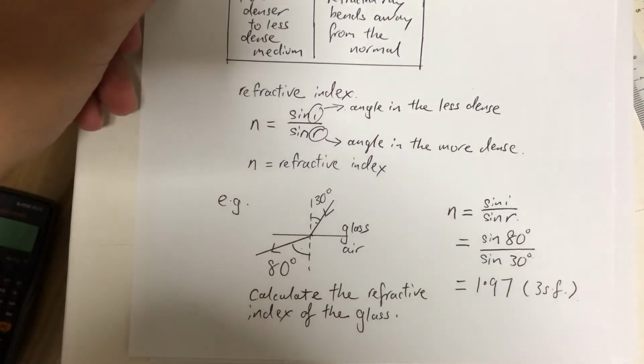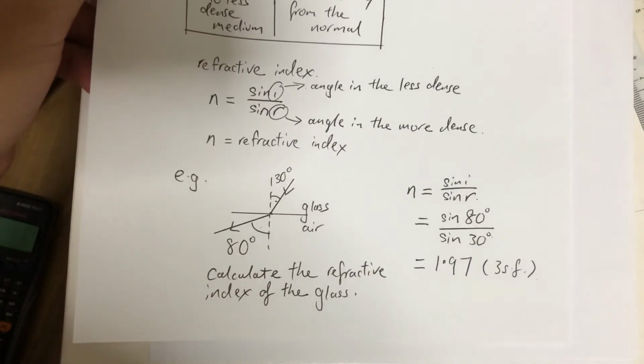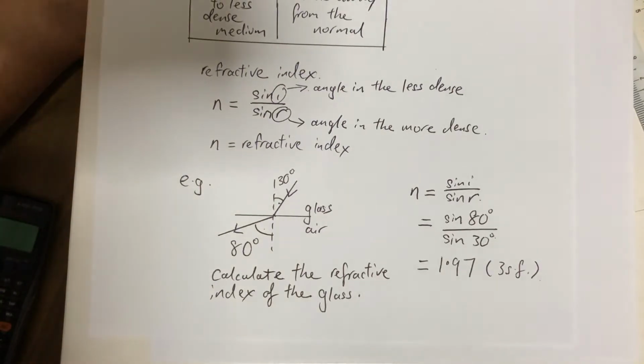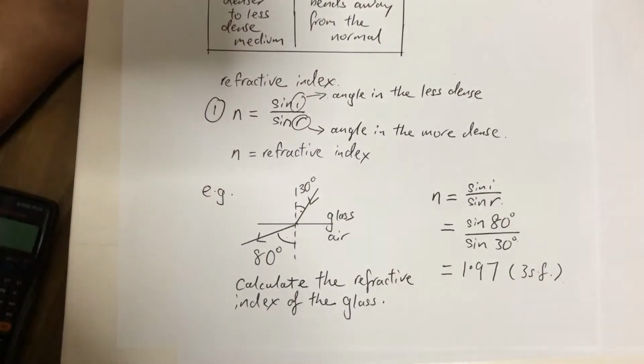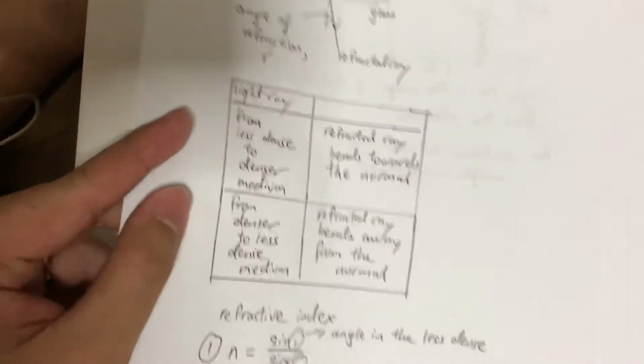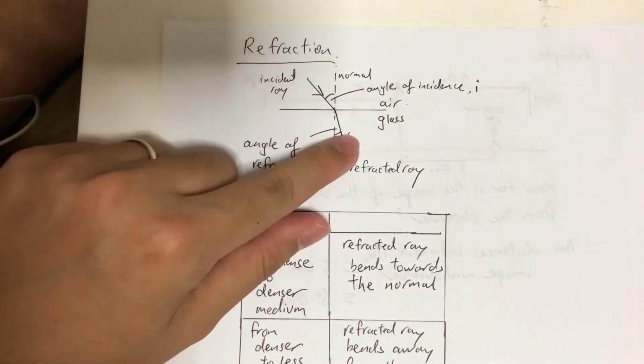Now this is not the only formula we have, because sometimes we do not have the luxury of knowing the angles. Instead, we are sometimes able to measure the speed of the light in the medium. Now the strange thing about light in a denser medium is that it actually slows down.